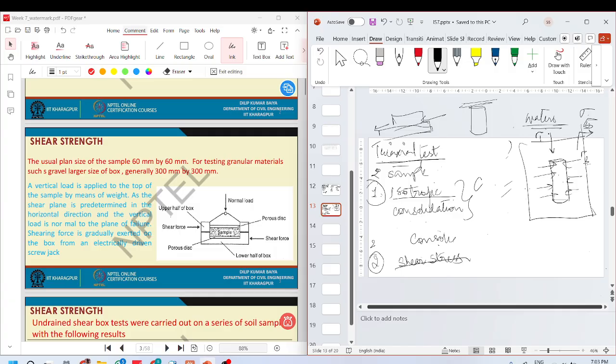Sigma 1 will be on this face, and we increase and increase this until we see a shear failure because of the imbalance between the two principal stresses. So we are inducing a shear failure, not providing a shear loading.